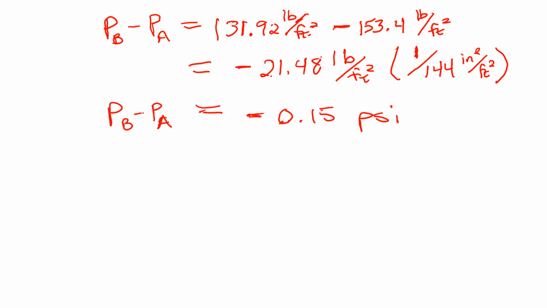So in terms of pounds per square inch, a pretty small value, only 0.15 PSI difference between the two sides. But that greater pressure in A is pushing the water up into the leg on the same side as the pressure at B, which indicates that the pressure at A is greater than the pressure at B, and so a negative answer is what we would expect.